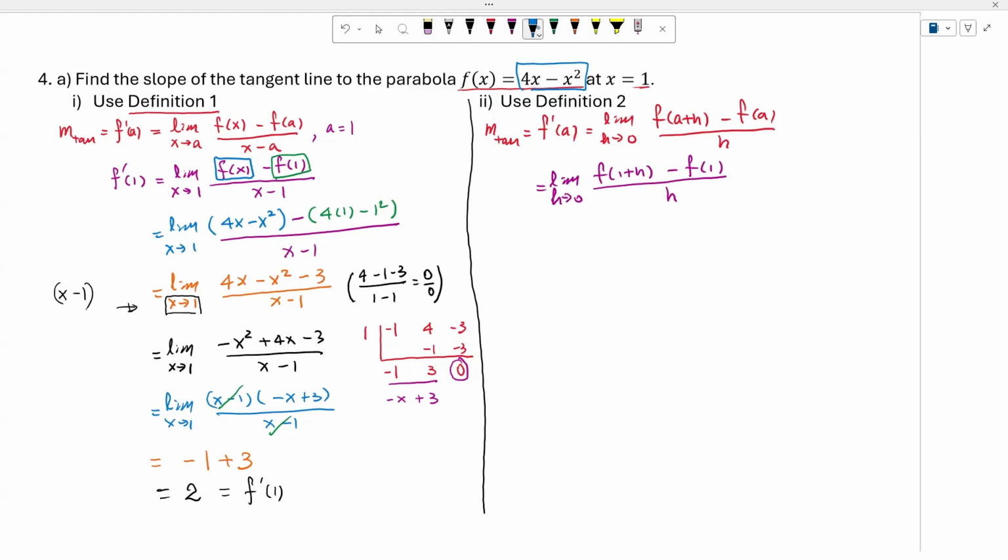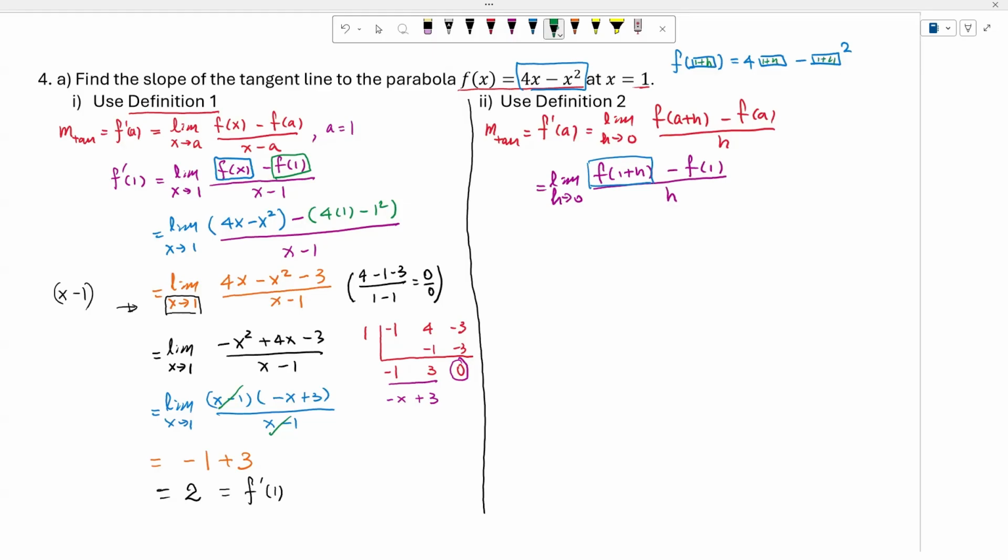Again, how do we take care of f of 1 plus h? Okay, we go to this function, and we replace all the x with a box. Then remember, within this box right here is 1 plus h.